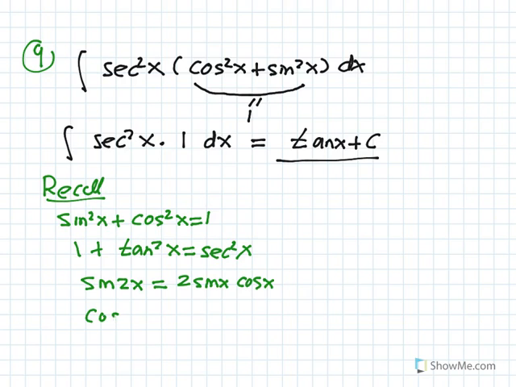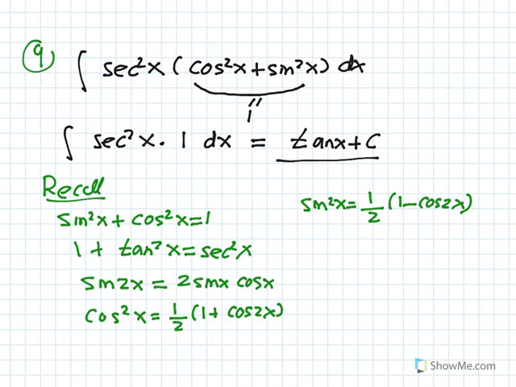And half angle identities, those are also important. Cos squared x is 1/2 times 1 plus cos 2x. And sine squared x is equal to 1/2 times 1 minus cos 2x. And another identity, 1 plus cotangent squared x is equal to cosecant squared x.